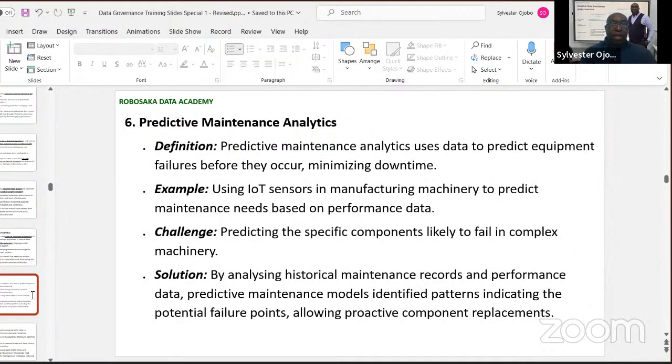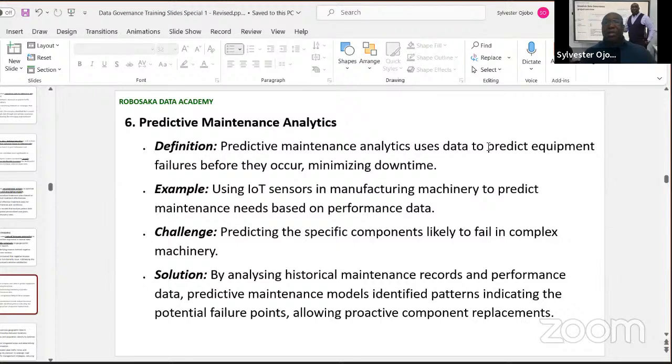Okay, we have another one, which is predictive maintenance analytics. In predictive maintenance analytics, it uses data to predict equipment failures. This is most common in manufacturing companies, where you predict failures before they occur, minimizing downtime.